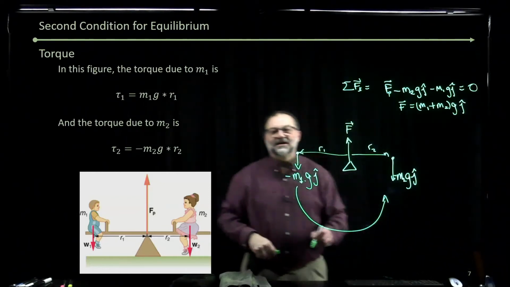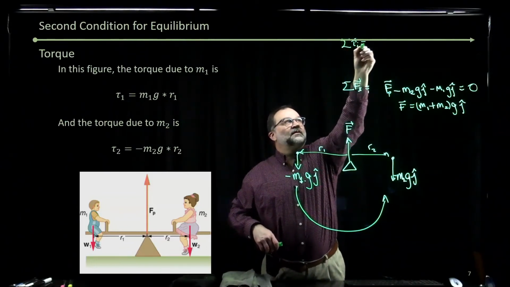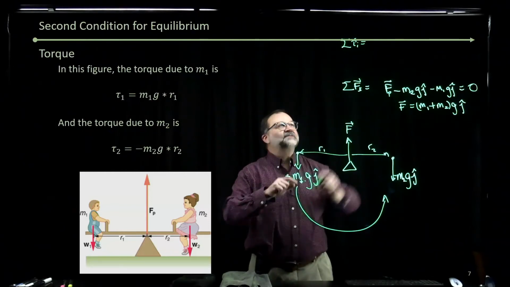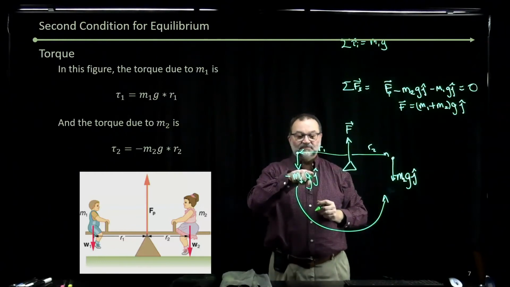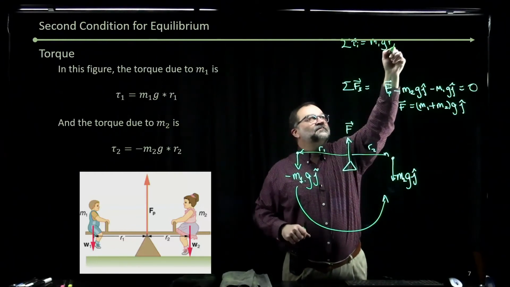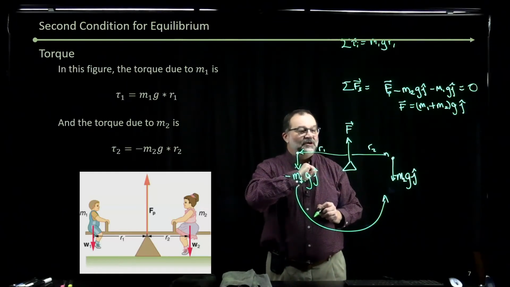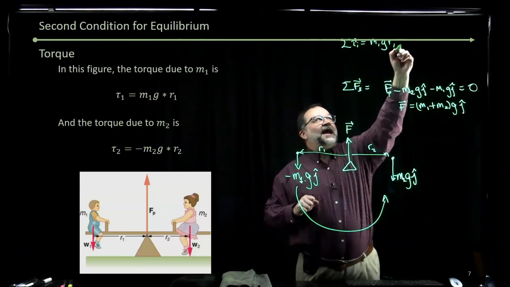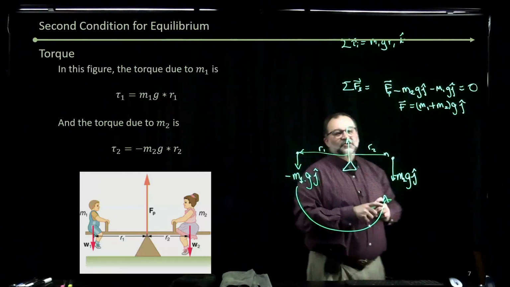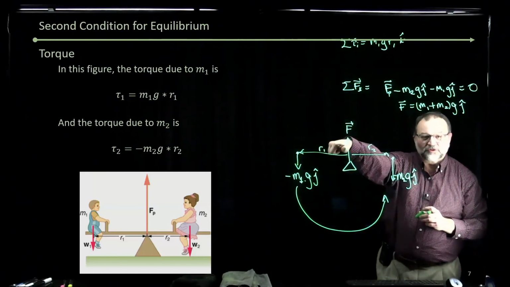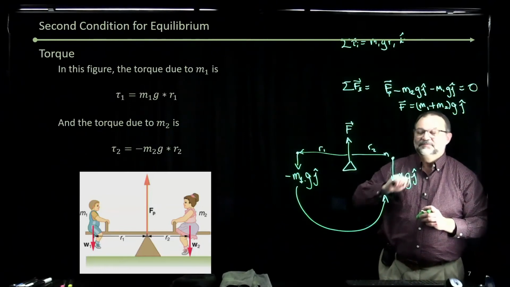So when we look at the sum of the torques, the first one is positive, M1G times R1, and that's going to be out of the board towards you. I'm going to call that the K hat direction. Out of the board towards you, that's in the K hat direction, that's positive.